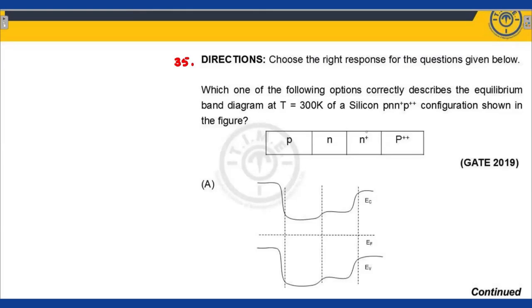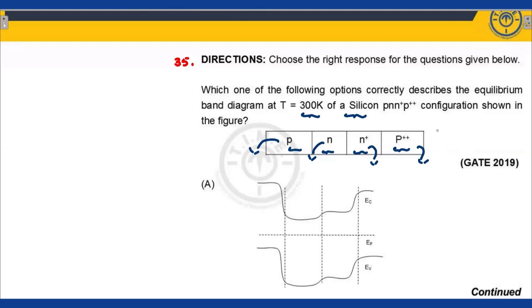Which of the following options correctly describes the equilibrium band diagram at T equal to 300 degree Kelvin of silicon, P, N, N plus, and P plus plus. P means normally doped, normally doped P, normally doped N. This is heavily doped and this is very heavily doped configuration. The equilibrium band diagram is very, very important.